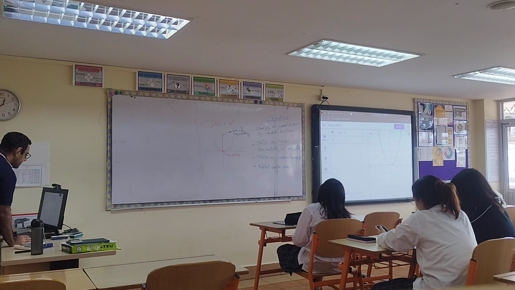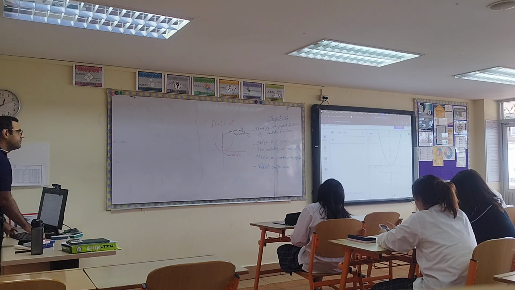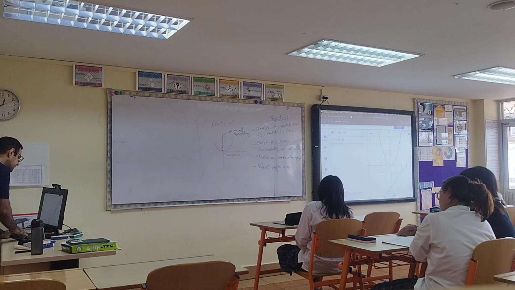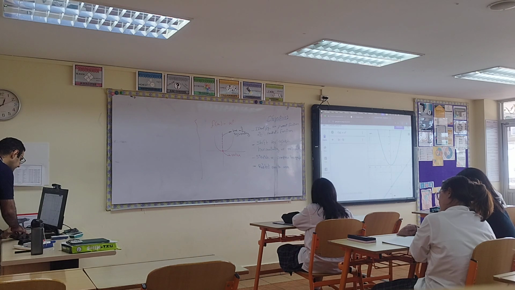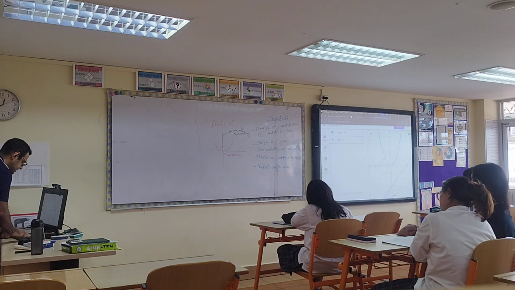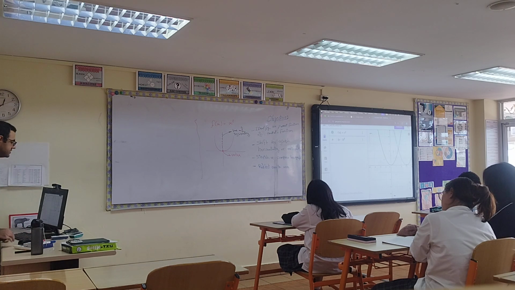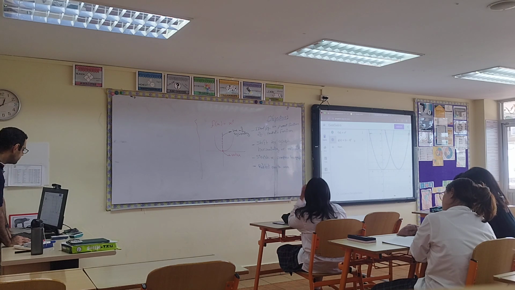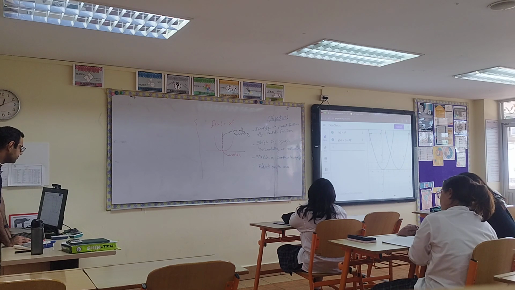Here you can press on function and then write the function, which I'll do on the board. For example, I'll write x minus 3, and then power 2. So it will draw the function. You can write the function here and it will be drawn there.